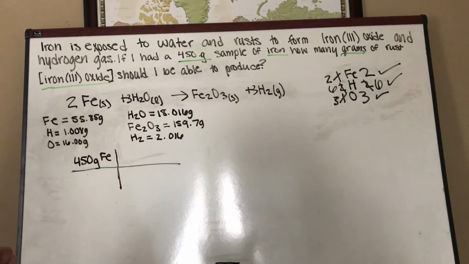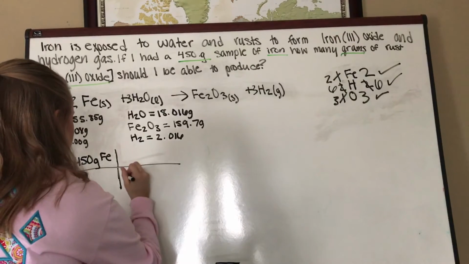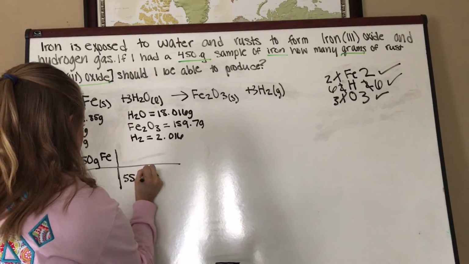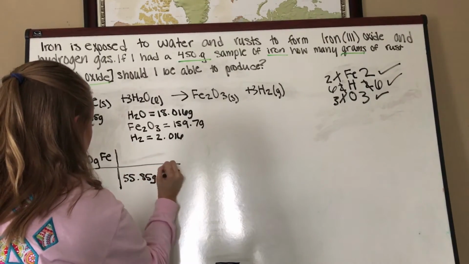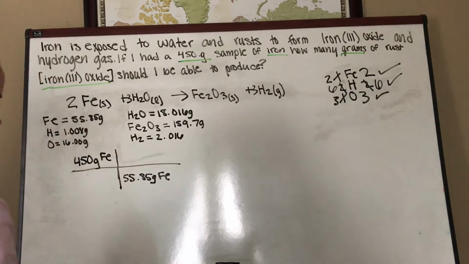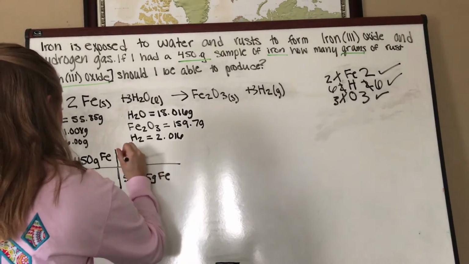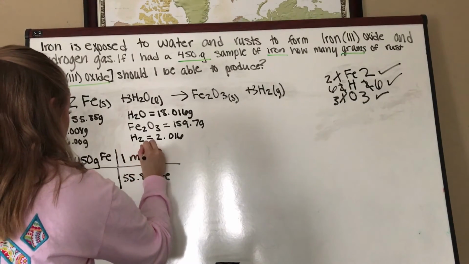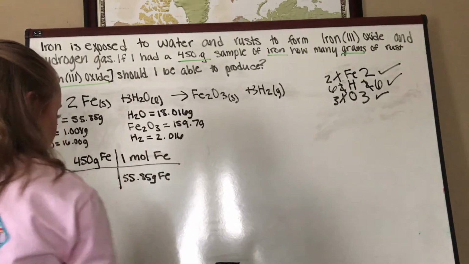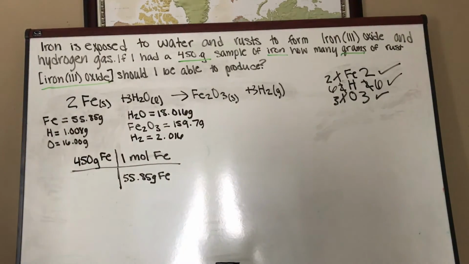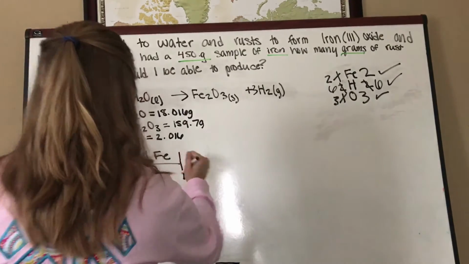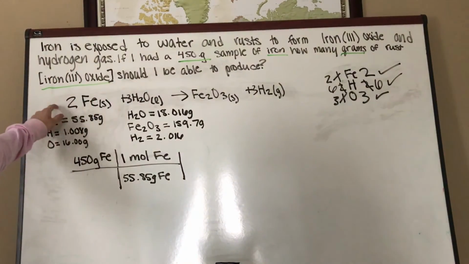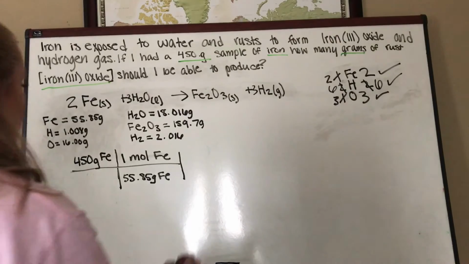Our molar mass of iron is 55.85 grams of iron. Don't forget your element or compound in your units. And that is equivalent to 1 mole of iron. Now, using a molar ratio, which is found in the balanced equation, we are going to convert from moles of iron to moles of iron 3 oxide.